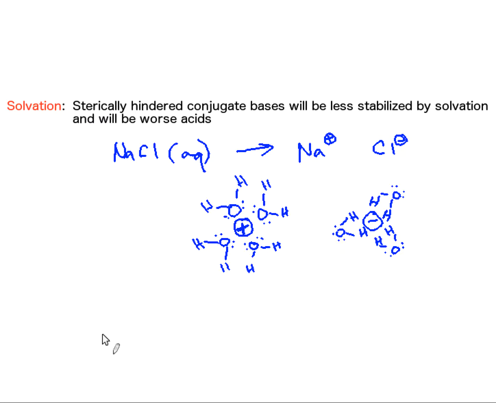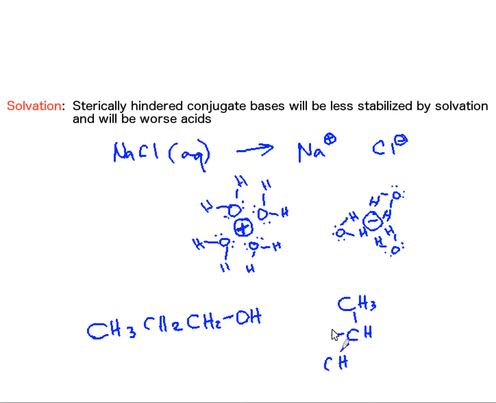So let's take an example here of maybe a couple alcohols. Let's look at this one, propanol, and let's compare it against two propanol. Okay, both have similar atoms, similar number of atoms, but there's a difference in acidity between these two.